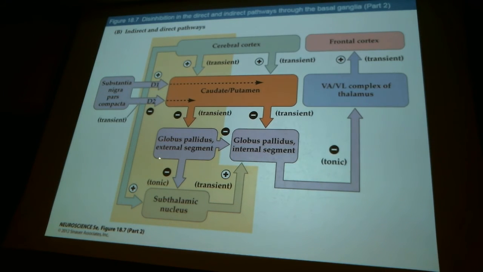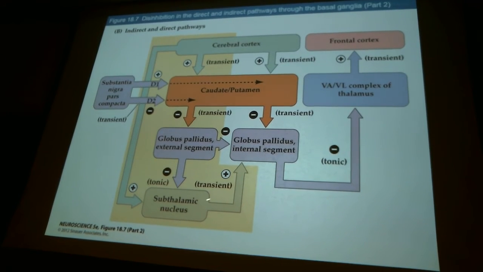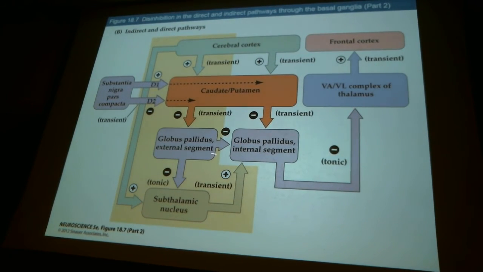So again this is the same type of signal: negative, negative means positive. So both of these signals have a positive effect on the internal segment via the indirect pathway, and a negative effect on the globus pallidus via the direct pathway.